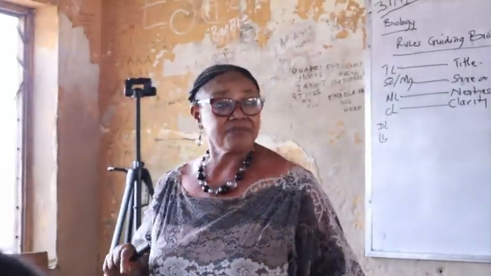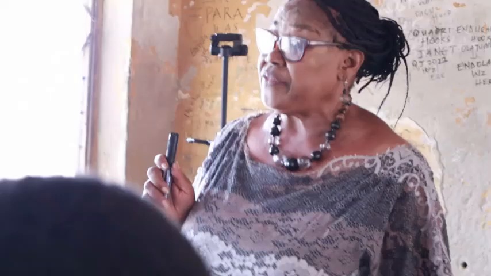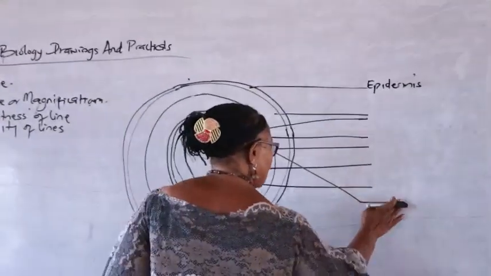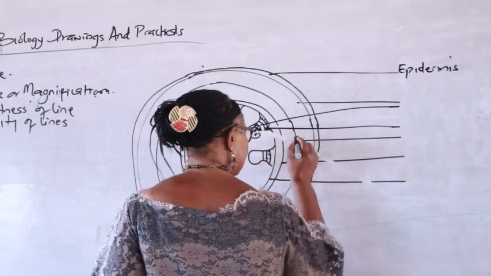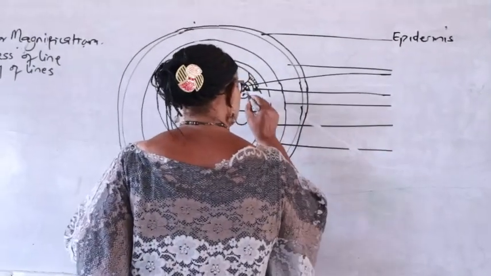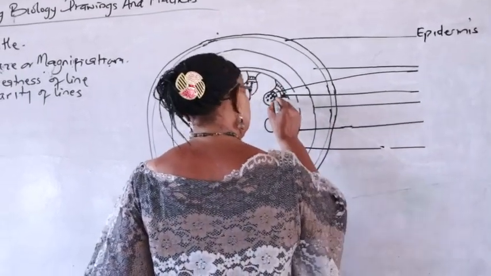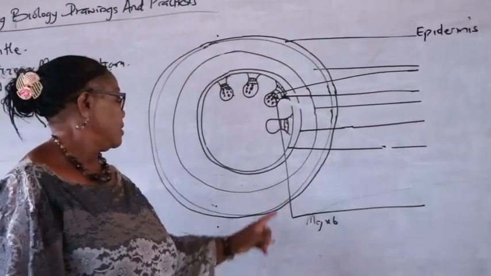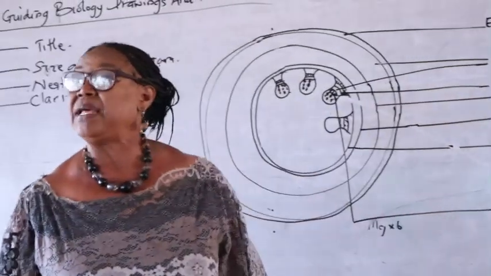Then your lines of labeling must not cross each other. Like here. Rather, what you do to avoid this is to bring it out and take it this way, and label it.